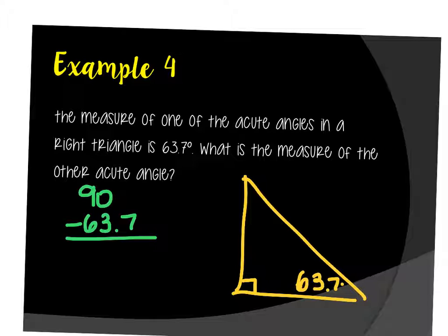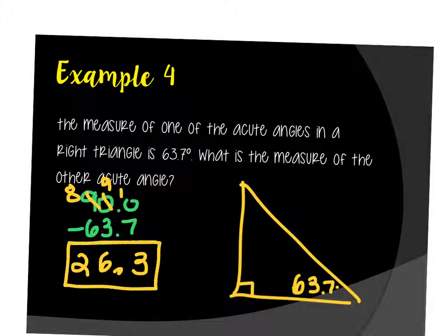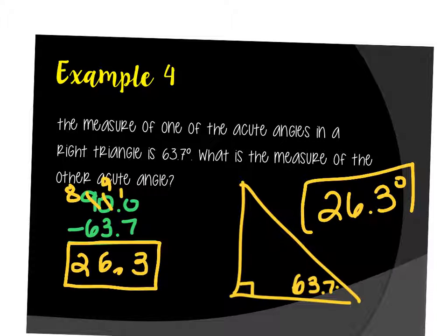I need the placeholder, so 90.0 minus 63.7, make that 10, borrow again, so this is 3, 6, 2, or 26.3 degrees. These should be easy to check because if I add these two back up, I should get 90 degrees.